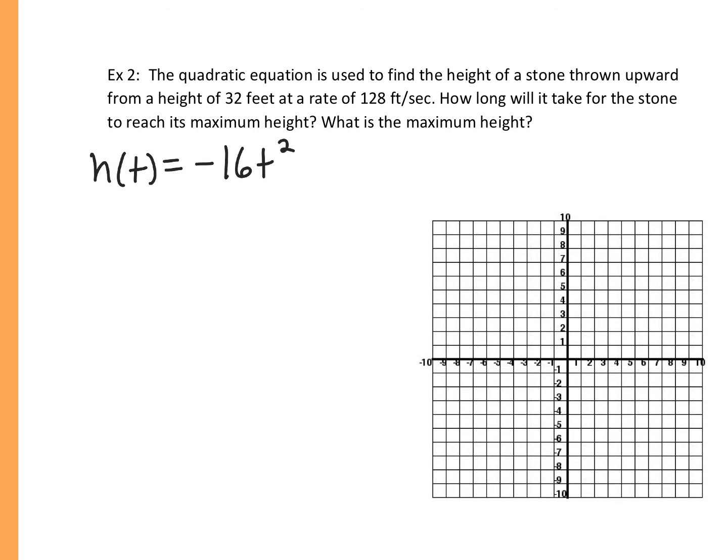Your velocity, which is which one? Would it be the height of 32 or the rate of 128? The 128. Good. 128t. And then lastly, the height, which is 32.